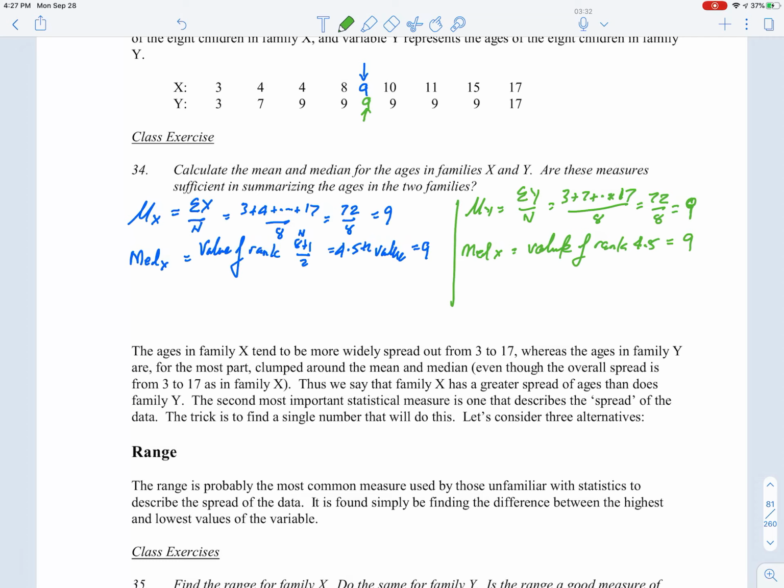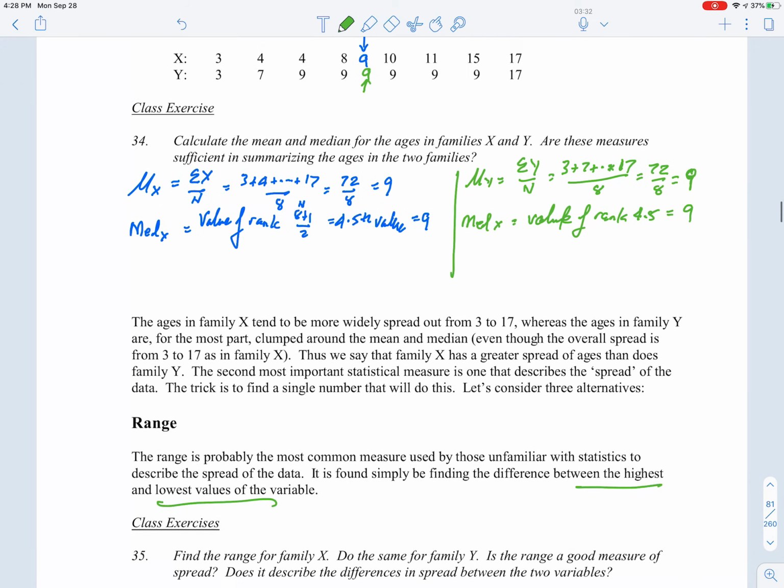So the range is probably the most common measure that we tend to use in stats when you're talking to people who don't know about standard deviations, which is the better measure. And so range is something, of course, which you've learned about way back in elementary probably.